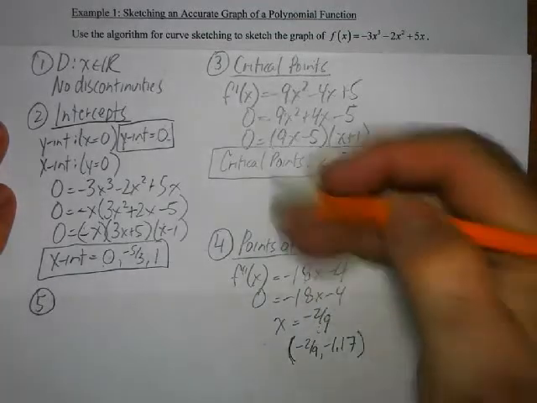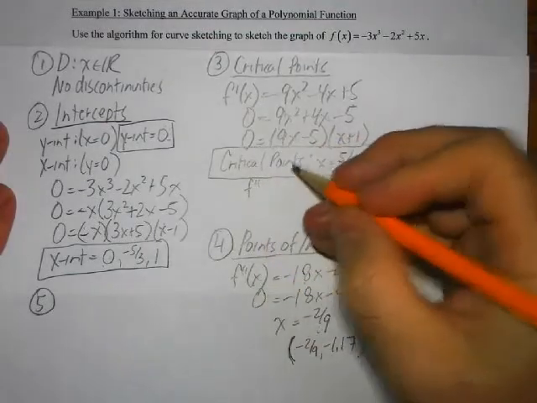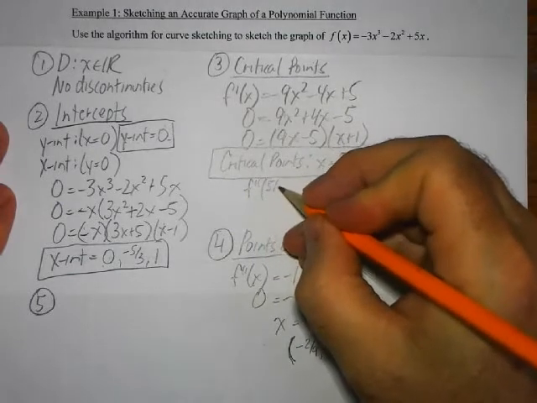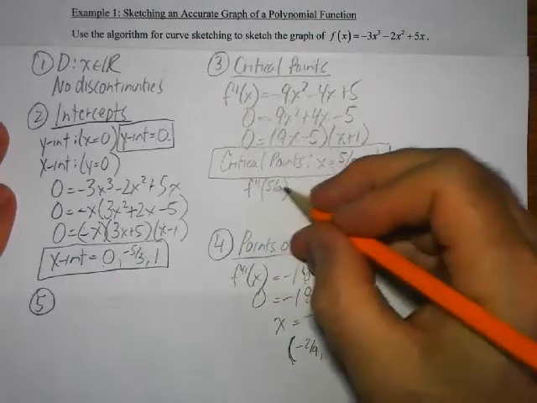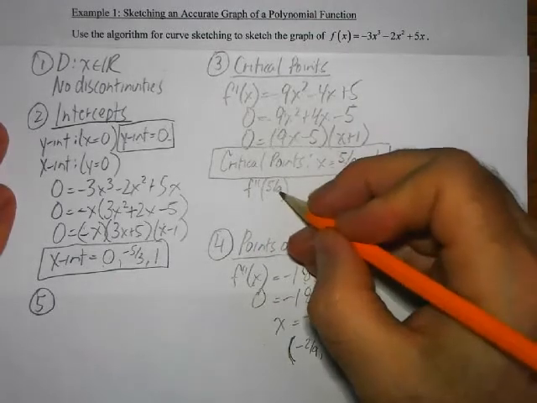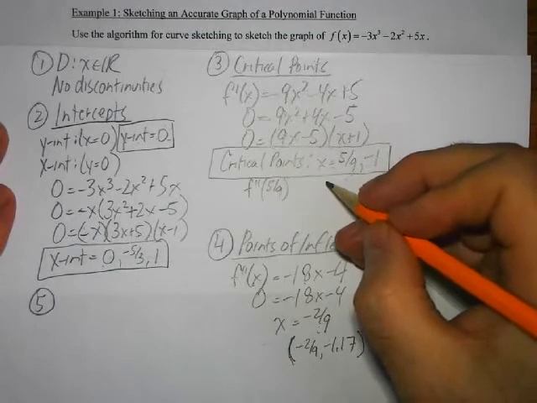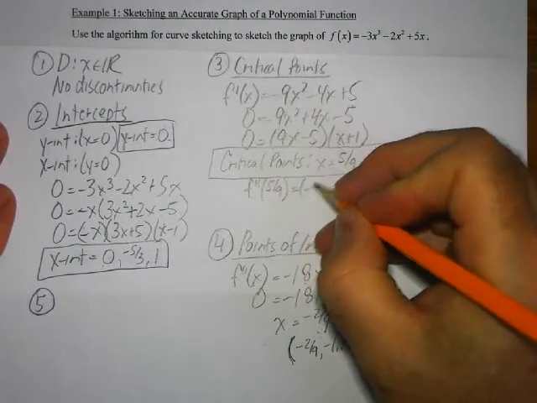Okay, so when I do that, the way I do it, f double prime, the second derivative at 5/9. Now all we care about is whether this is a positive, negative, or 0 answer. So you don't have to be precise here, you just have to know the correct sign. And in this case, it is negative. So I'll just put a negative sign in brackets.